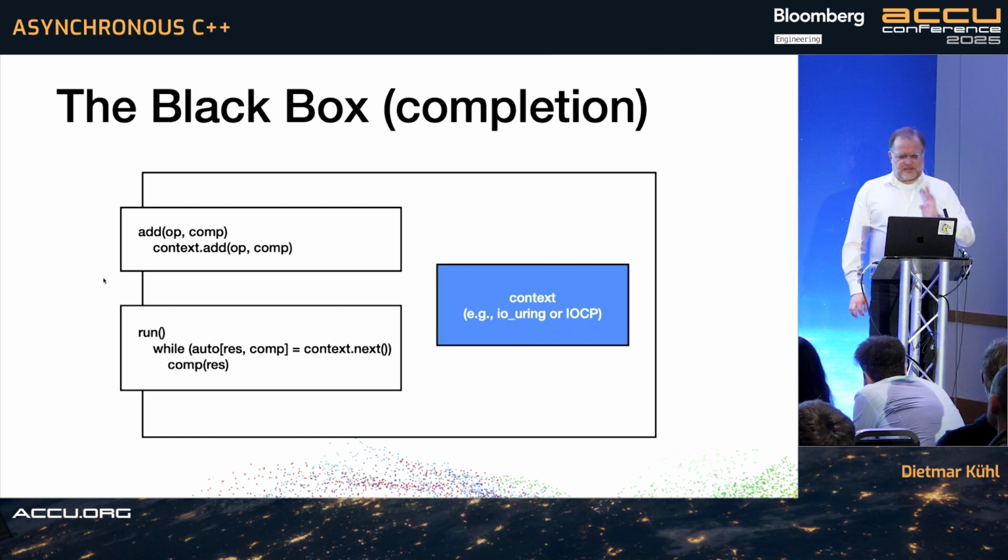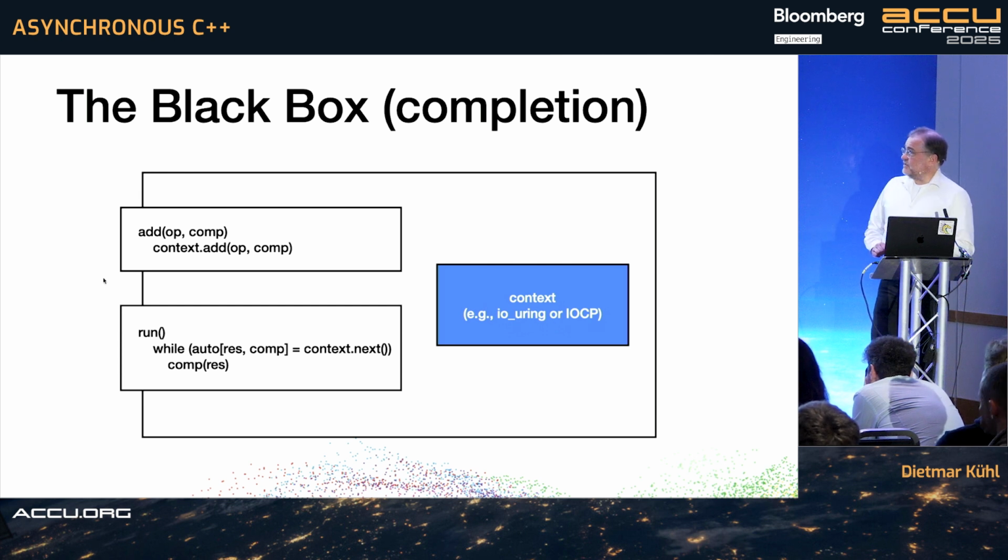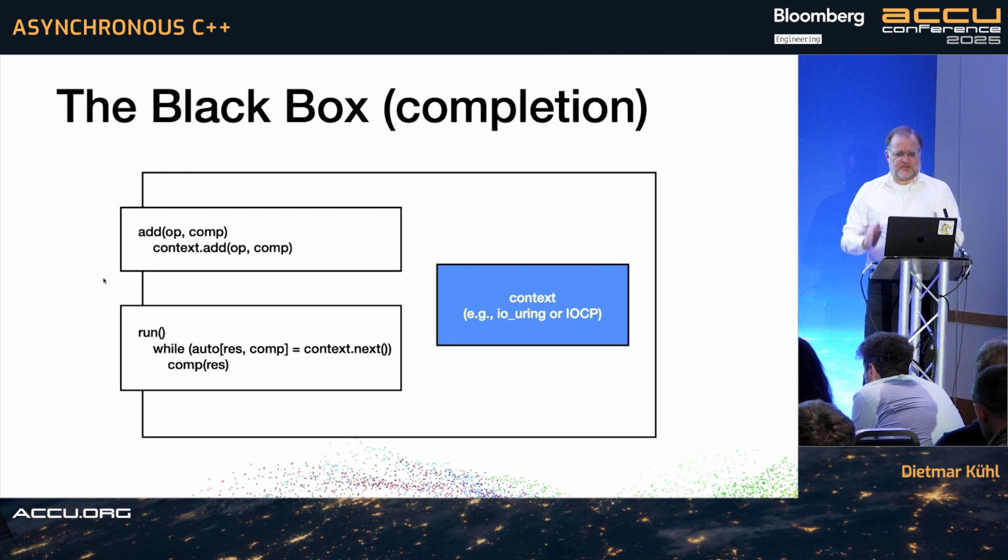Although when I say io_uring is Linux only, there's actually kind of an io_uring clone for Windows as well, which works very similar as far as I know. And the idea over there is all we do is when we start our operation, we basically say something like we have an add with some kind of opcode and parameters. That's just an object saying these are the parameters for the operation.